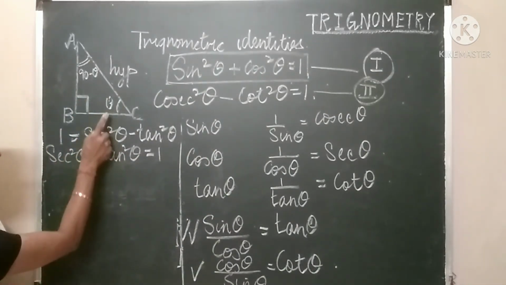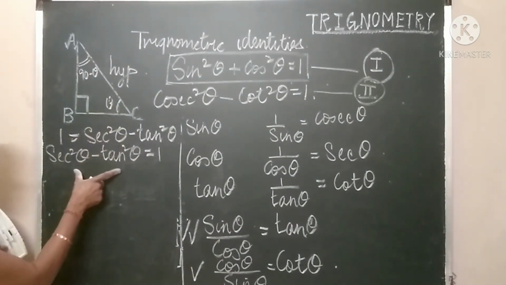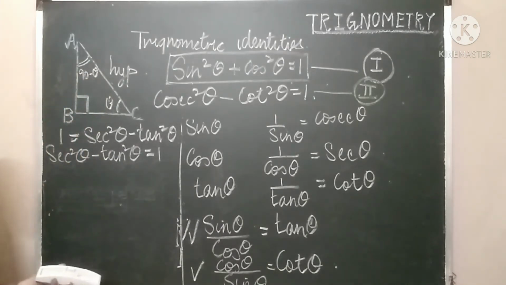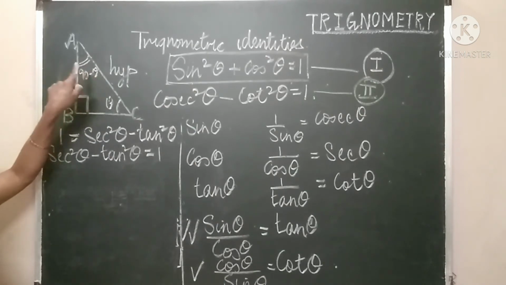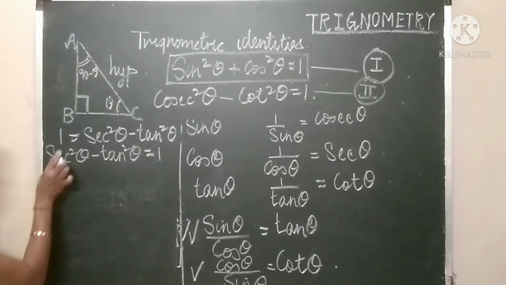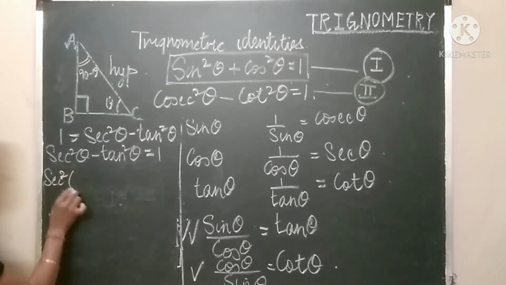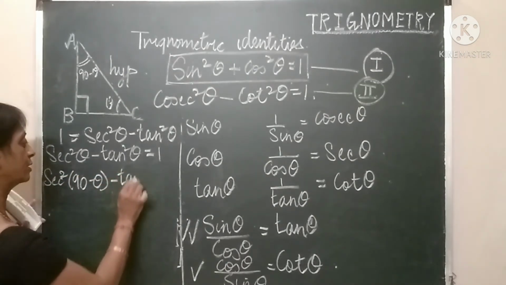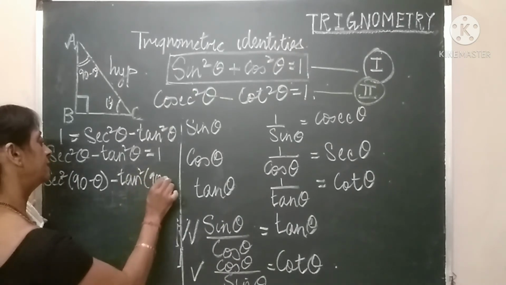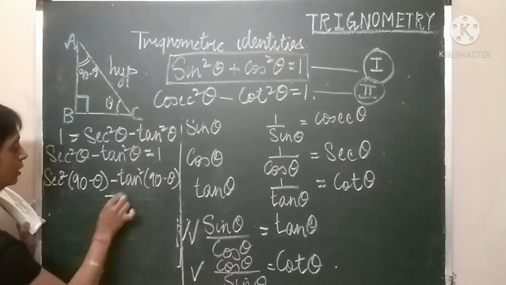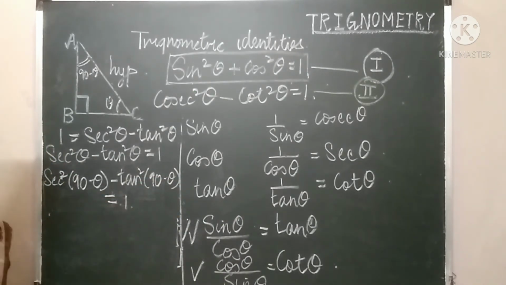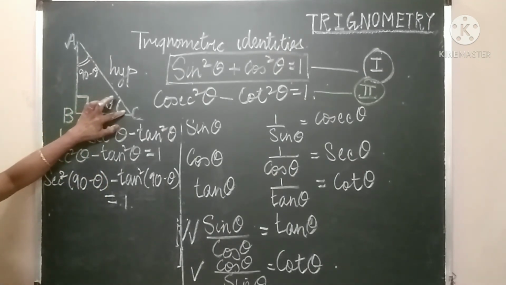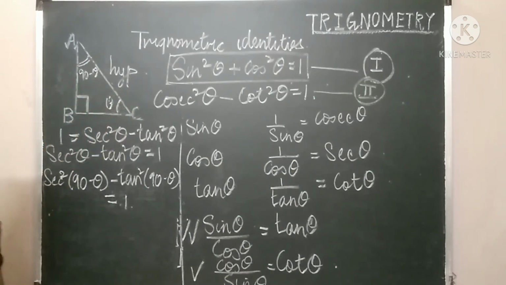This was in reference to one acute angle. Can we apply it for the other acute angle? Definitely. Instead of theta, what will we substitute? The other acute angle measurement. So it will be sec square of 90 minus theta minus tan square of 90 minus theta, which is equal to 1. Or in other words, sec square C minus tan square C is equal to 1.